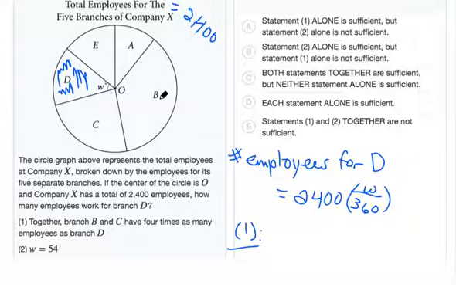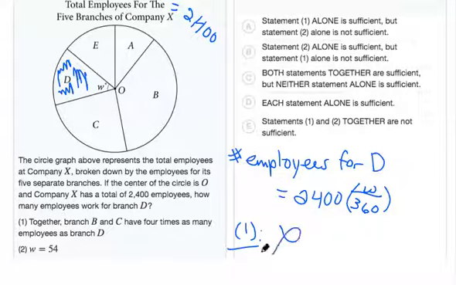So even if we write an equation, it would be an equation of 3 variables, right? It would involve the number of employees for B, the number of employees for C, and the number of employees for D. So in order to find the employees for D, we would need to know how many are for C and how many are for B.